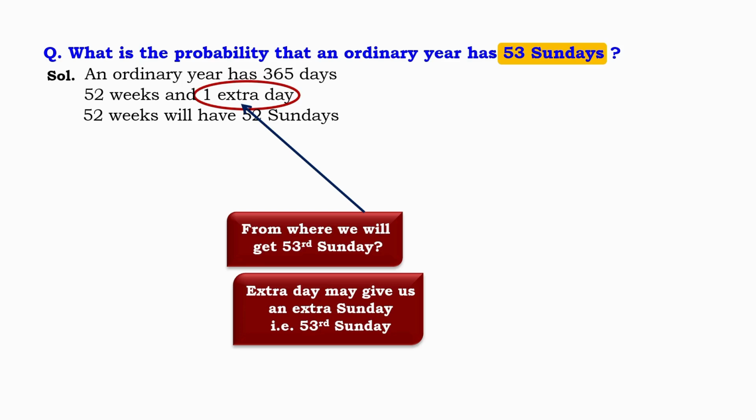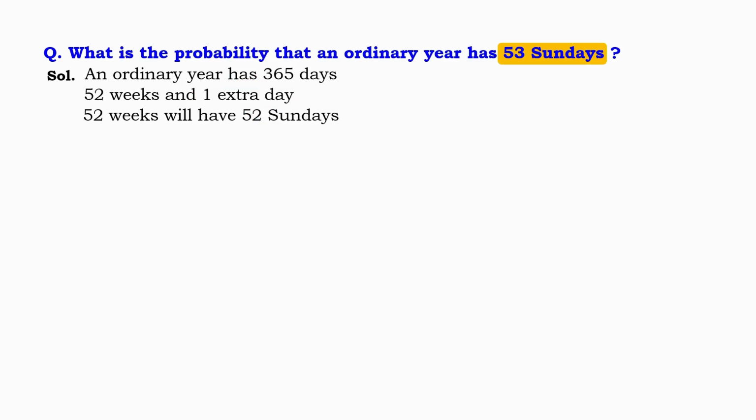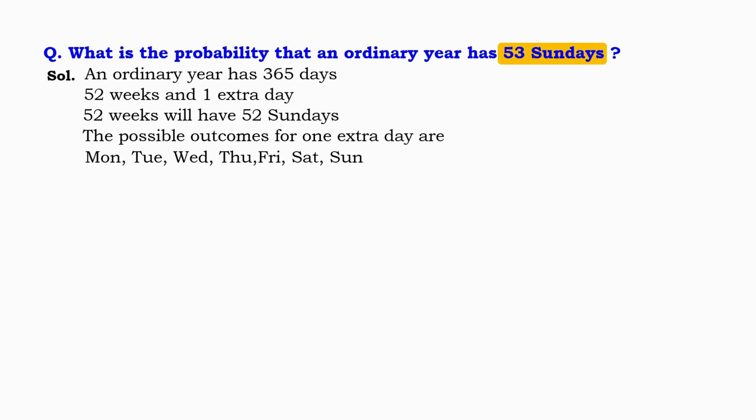But if it is Sunday, then we will get that 53rd Sunday. The possible outcomes for the one extra day are Monday, Tuesday, Wednesday, Thursday, Friday, Saturday, and Sunday. Now the total number of possible outcomes is equal to 7.